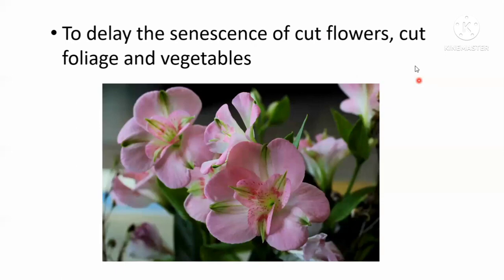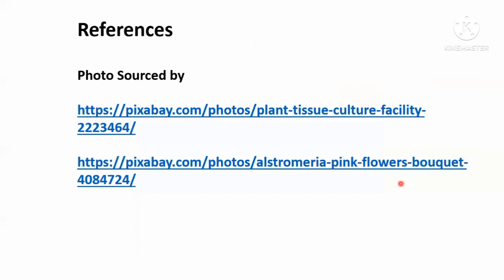It is also used for vegetables as well. So these are the main commercial uses of cytokinin. This is the end of the video, and we will meet in another video soon.